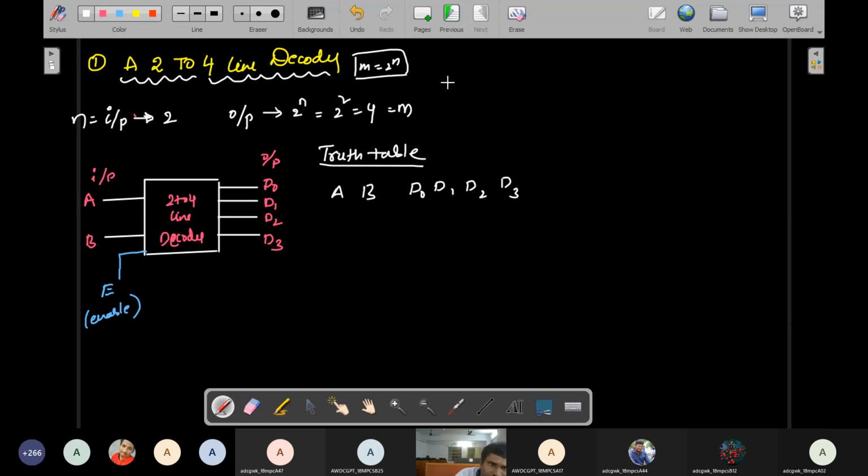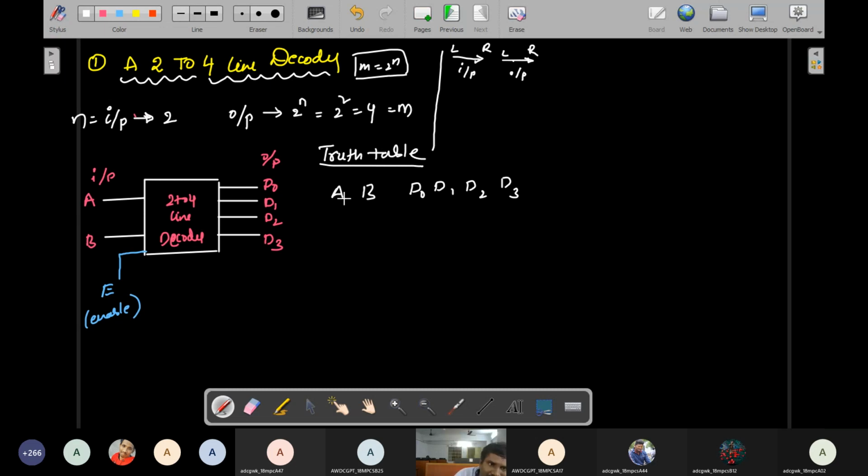Just remember one thing: your inputs always start from left to right, and the outputs also go left to right. Make this order compulsory.